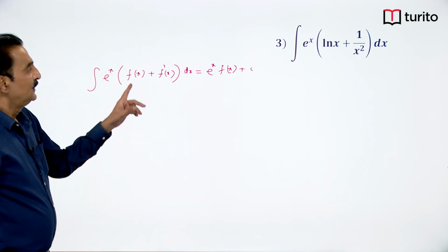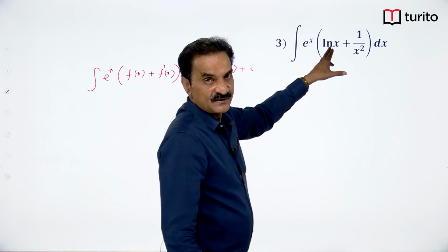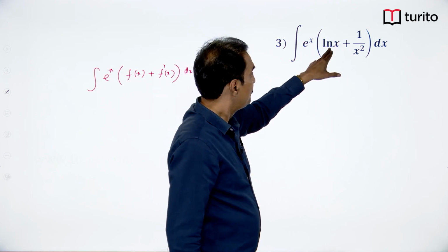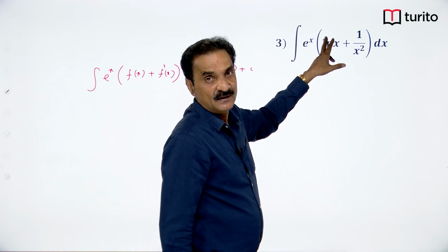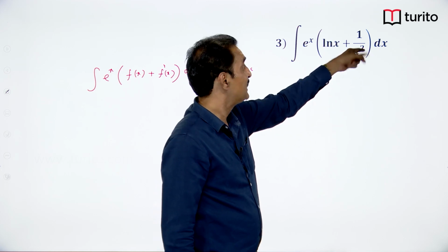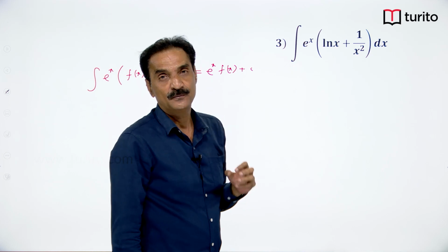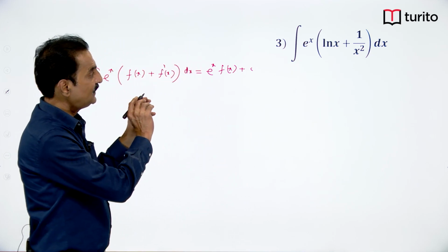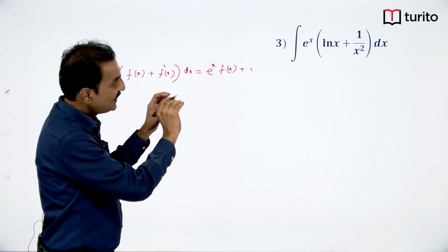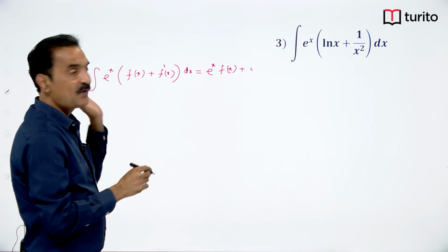Okay. So, let us check whether it is in this form or not. If f of x is ln x, then f dash x is 1 by x, but 1 by x square is there. Then what we do? We will change the function so that this formula can be applied.